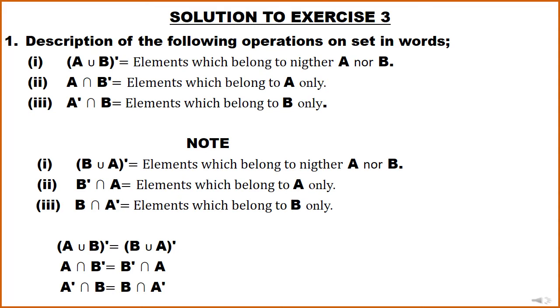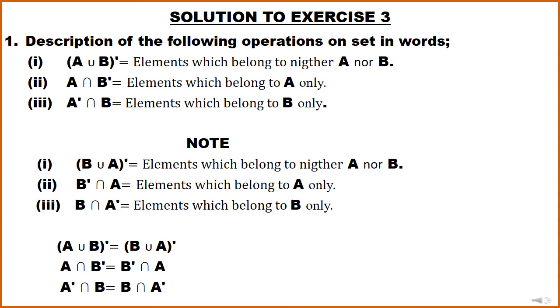For I under question 1, the first set was A and the second set was B. And when we interchange this position, bringing B to become the first set and A the second set, using the same operation union, we have the same result.